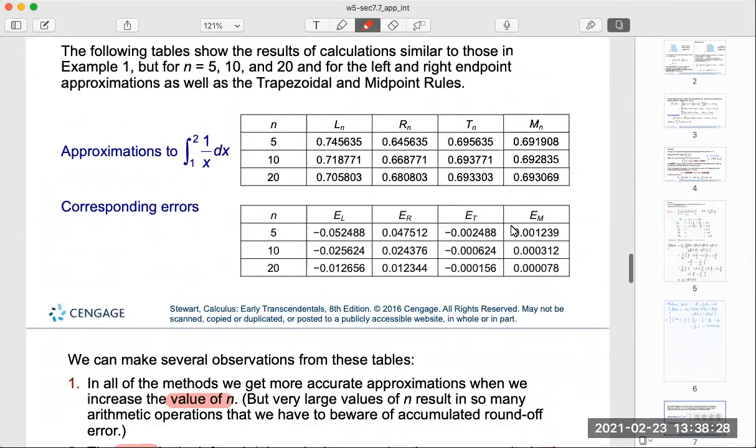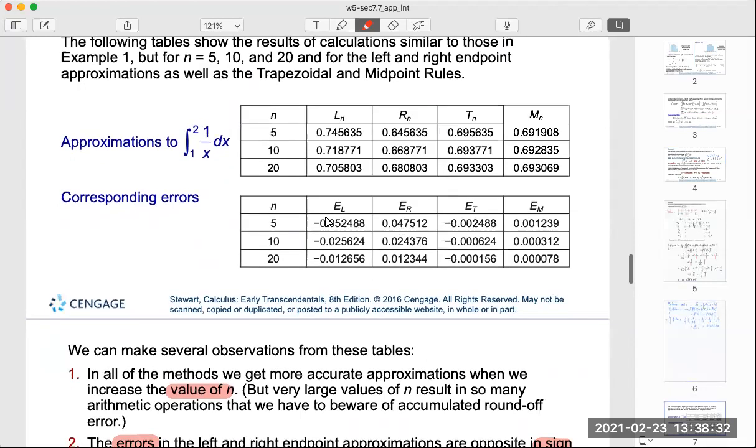Here are the two tables of the approximations with different methods: the left endpoint approximation, the right endpoint approximation, the trapezoidal rule, and the midpoint rule. We increase the number of points, the rectangles, right? The error becomes smaller and smaller.